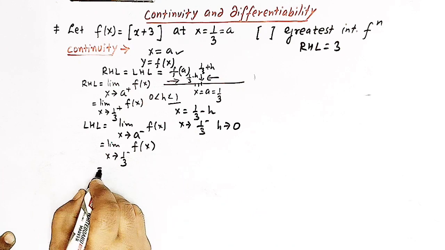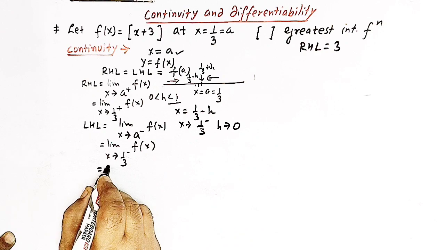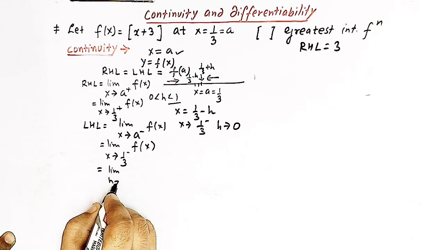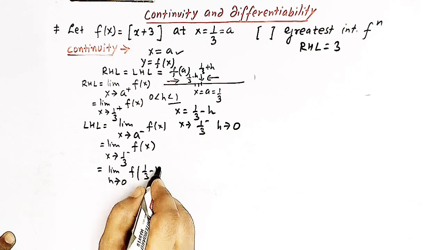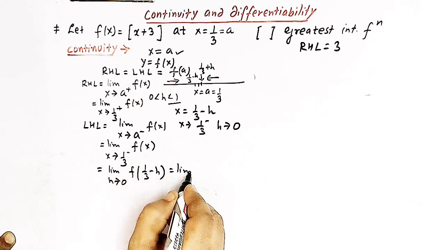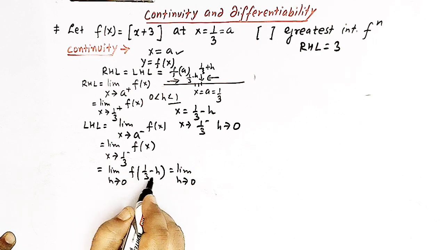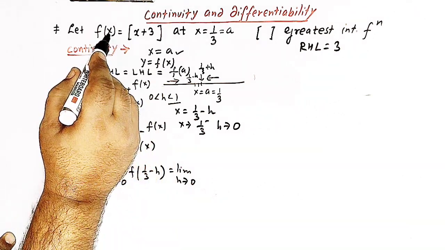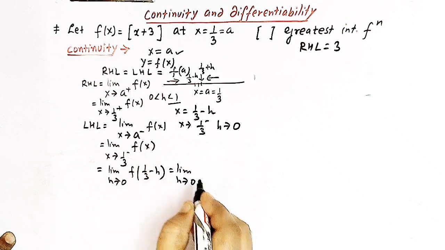So now the left hand limit in terms of h is given by limit h tends to 0, and here we have f of 1 over 3 minus h. So now we can write limit h tends to 0, f of 1 over 3 minus h can be obtained by replacing this x by 1 over 3 minus h.